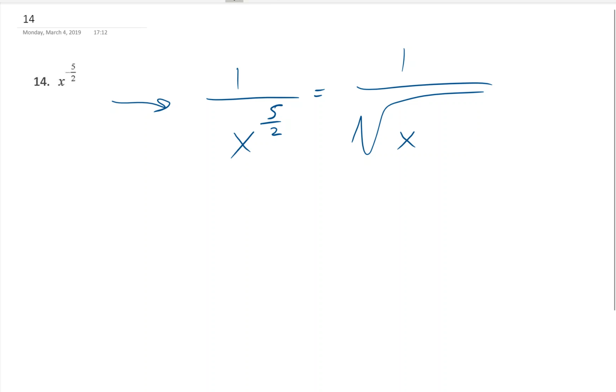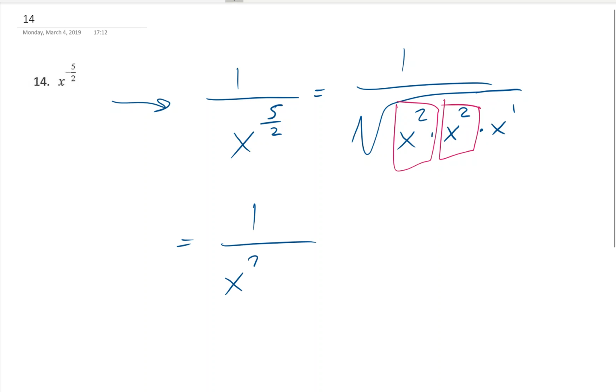X to the 5th power is x squared times x squared times x to the 1st, right? That's x to the 5th. So we can simplify that by taking these guys out. So what you wind up is 1 over x squared, square root of x.